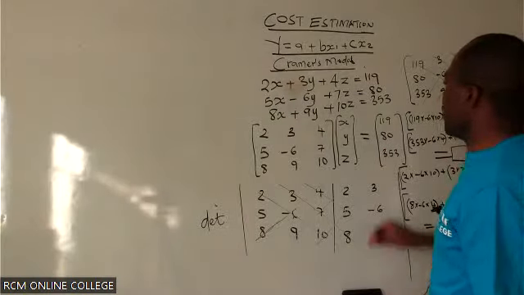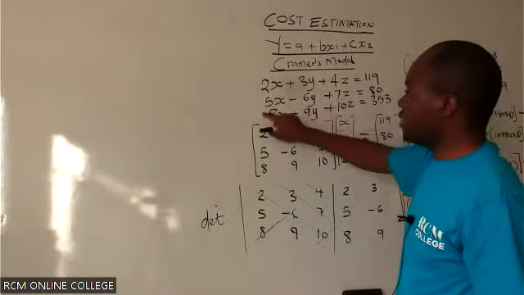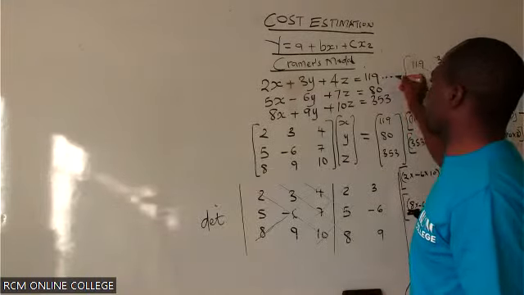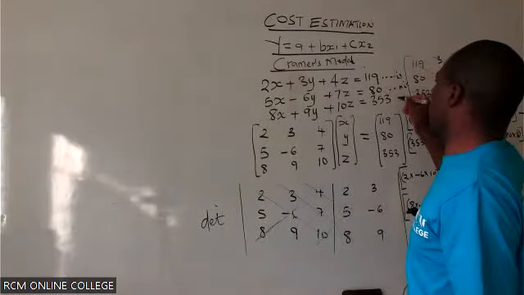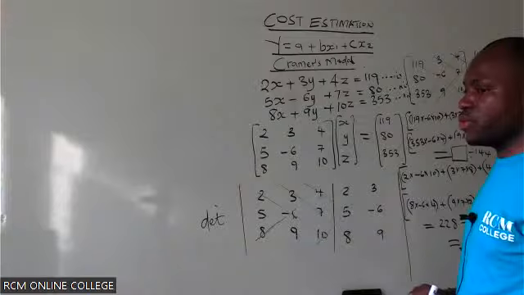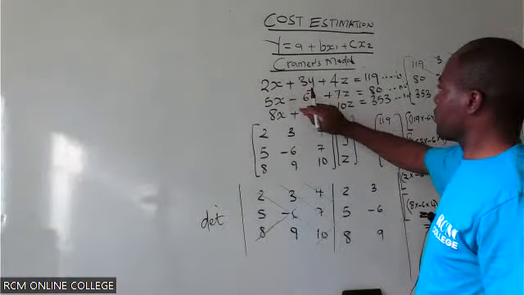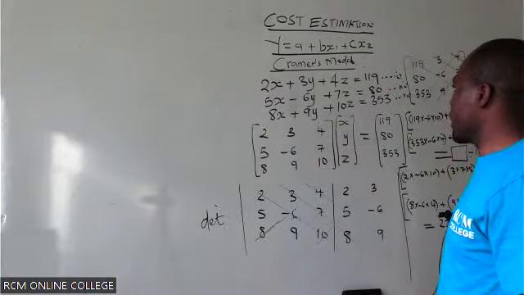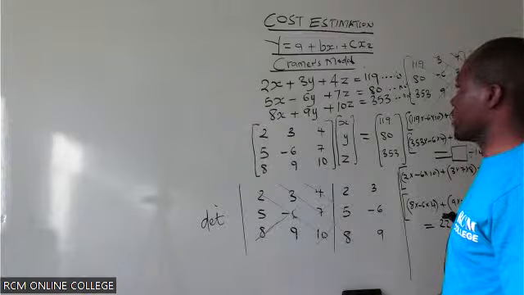Now, if you look at this particular question, of course, we must have 3 equations. So we have equation number 1, equation number 2, and equation number 3. The 3 equations are what we are going to use to get the value of the unknowns, which are x, y, z.